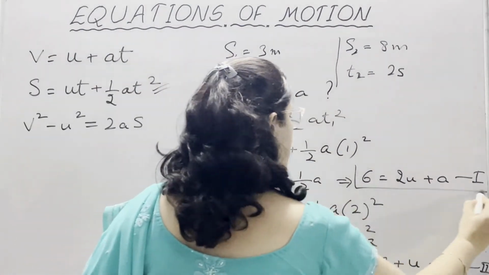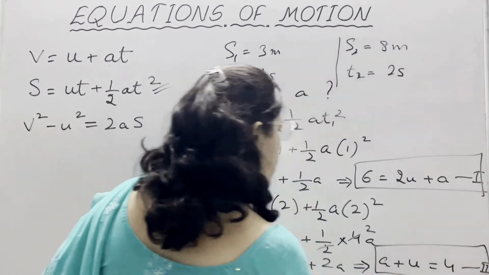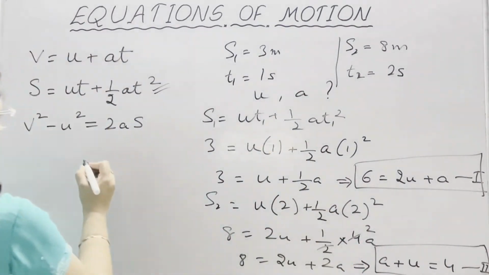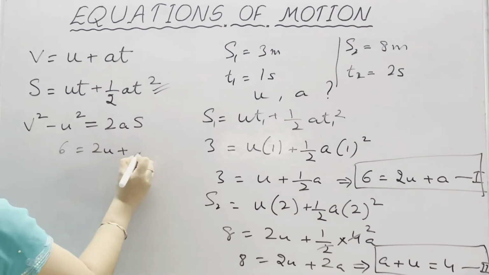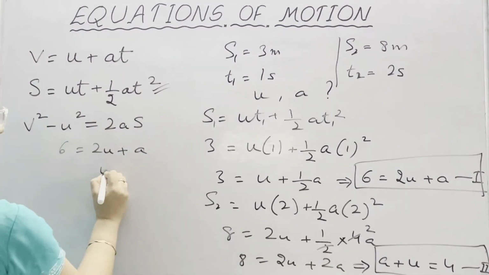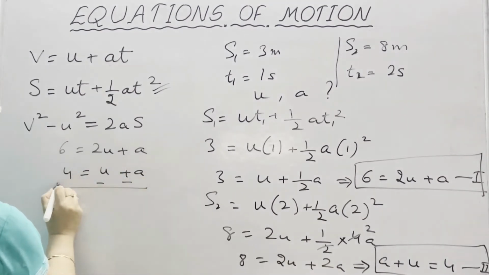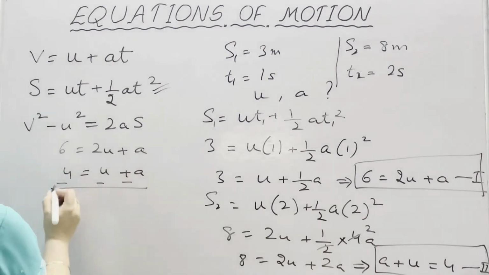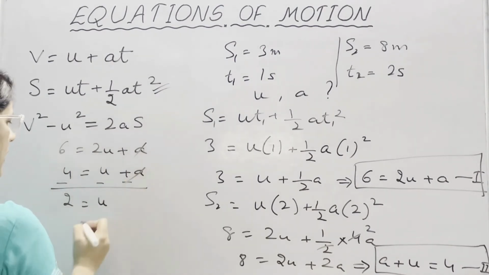Now we need to solve these two equations simultaneously to get the value of U and A. Now 6 is equal to 2U plus A. We can subtract the second equation, which is U plus A is equal to 4, from the first equation. 6 minus 4 is 2. 2U minus U is U and A cancelled.